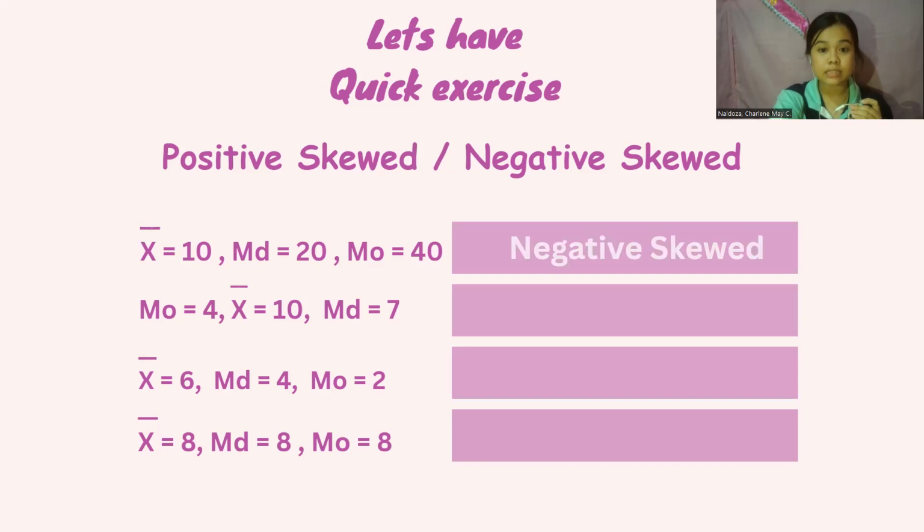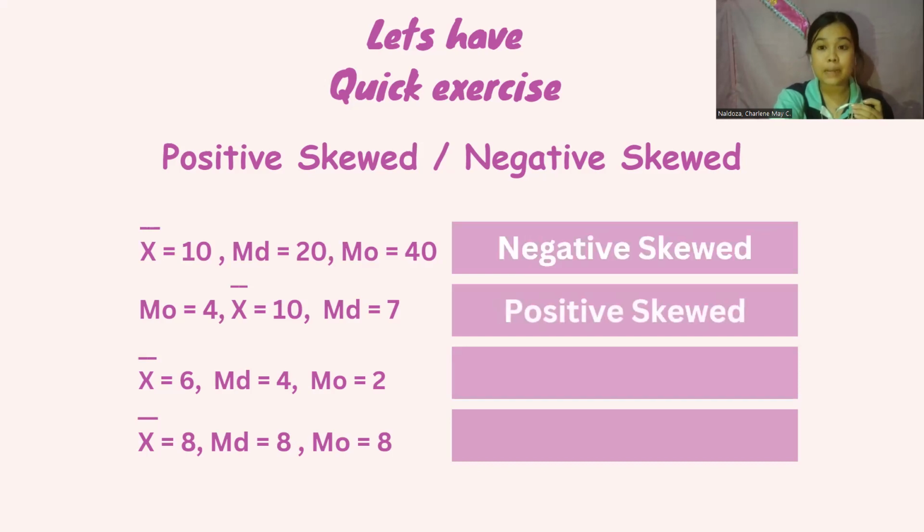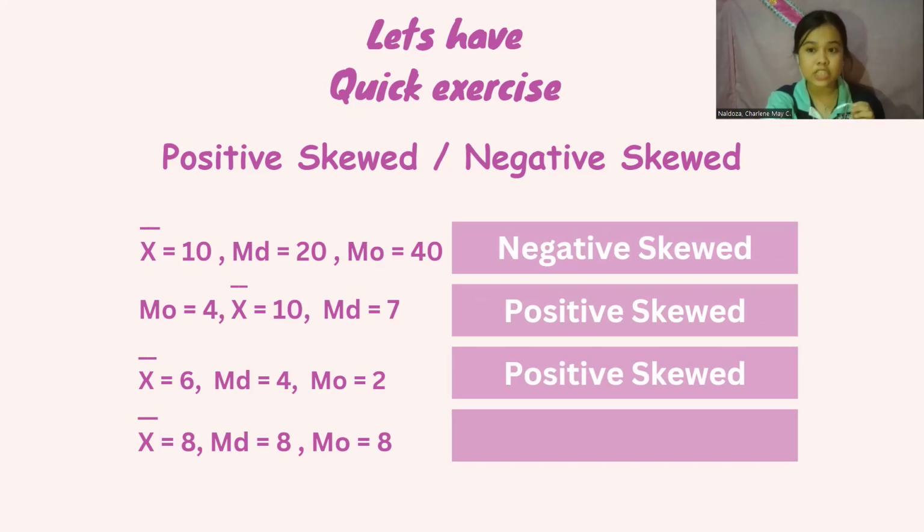So that is positive skewed because the mean has the highest value. Okay, the third example: the mean is equal to 6, the median is equal to 4, the mode is equal to 2, and that is positive skewed again because the mean has the highest value.